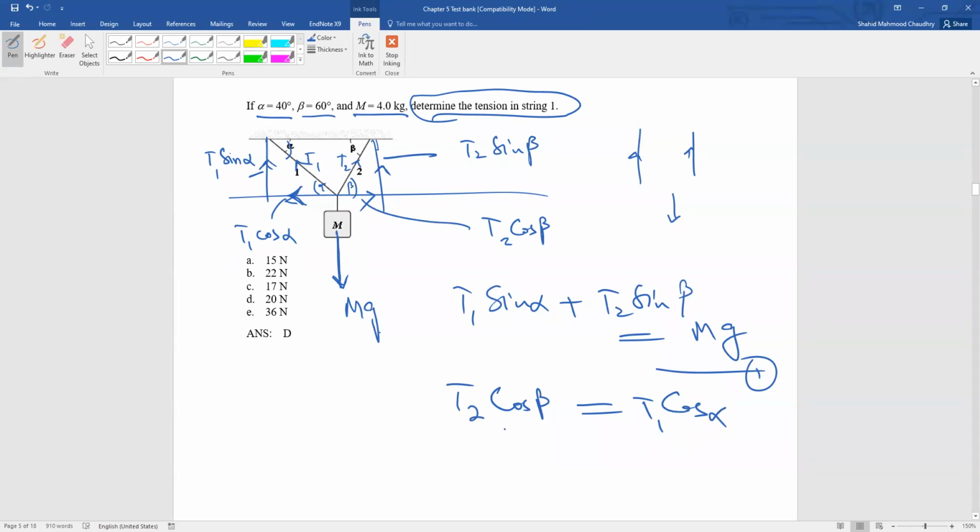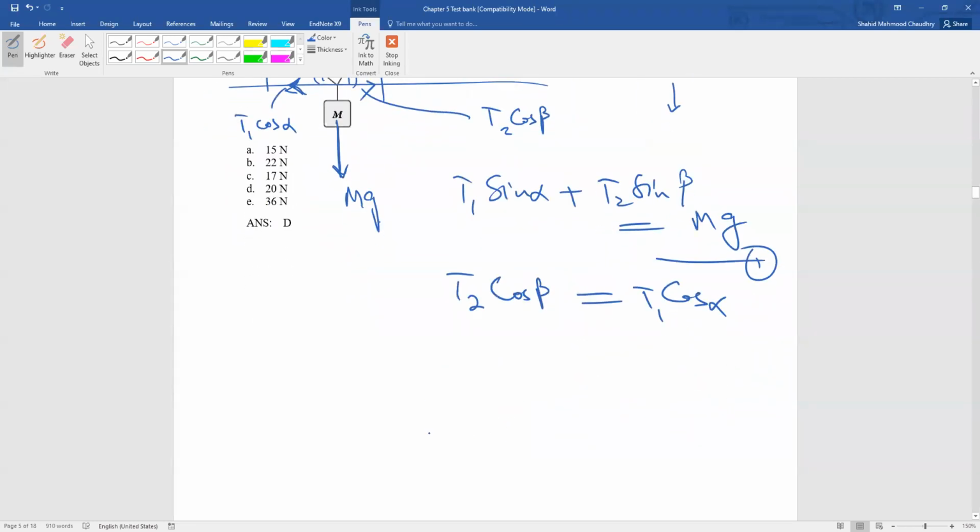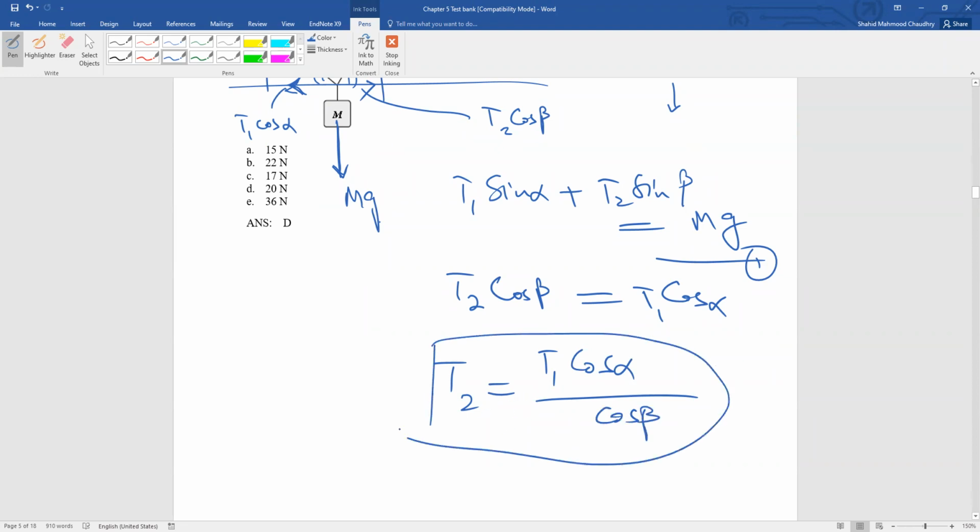From here, you can find the value of T2. The T2 value is T1 cos of alpha divided by cos of beta. So put this value of T2 in equation 1.